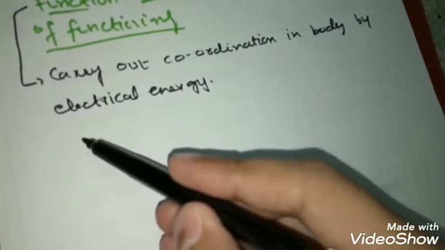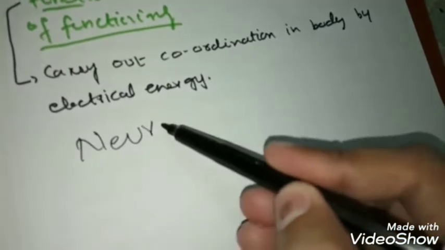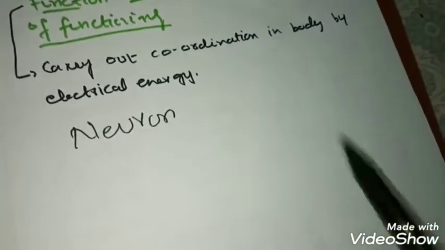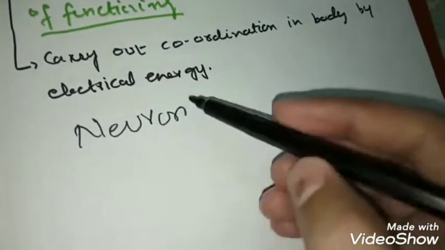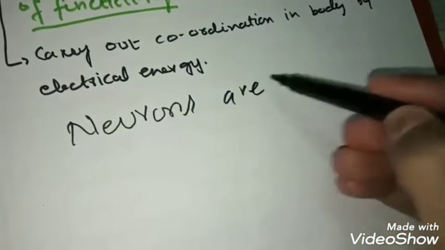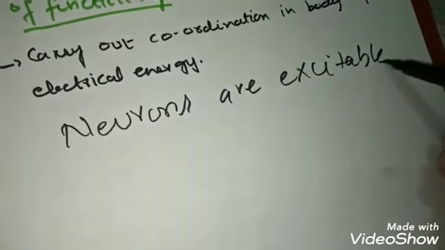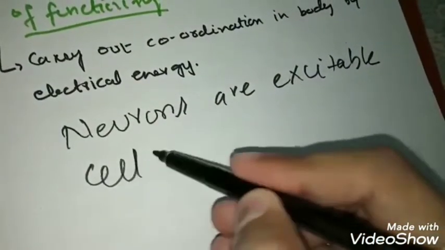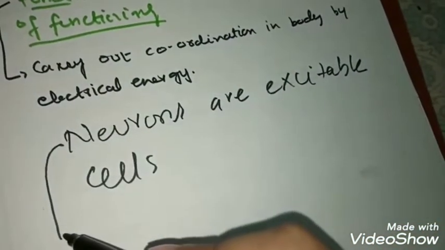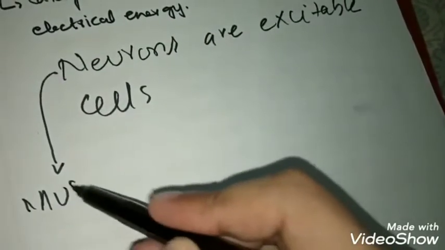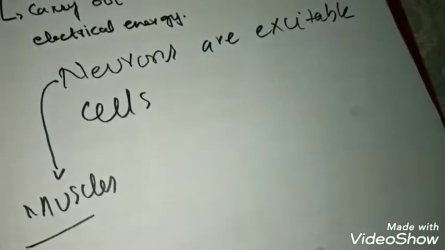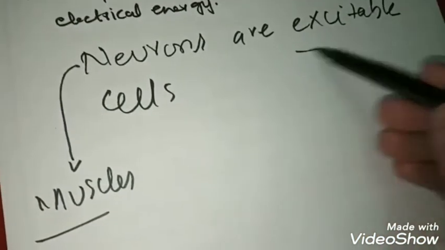You have to remember it. Neurons are the basic functional and structural unit of the nervous system. Neurons are excitable cells. Neurons and muscles are also excitable cells. What does it mean that they are excitable?